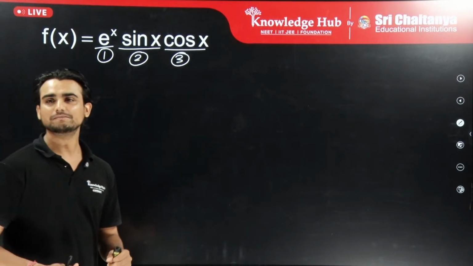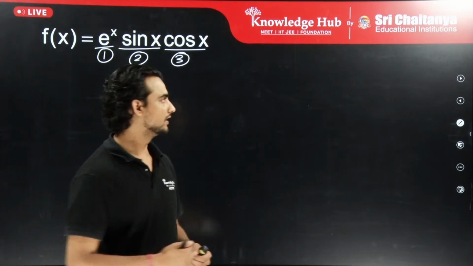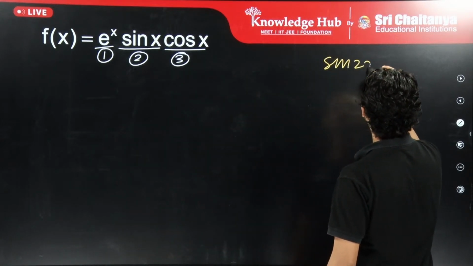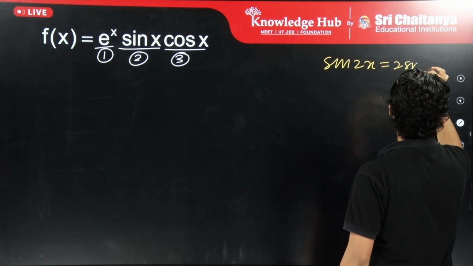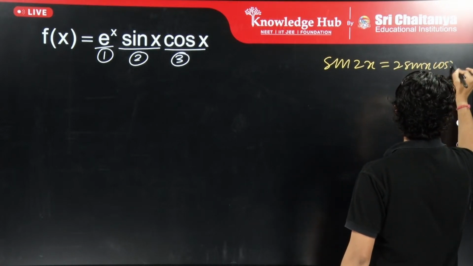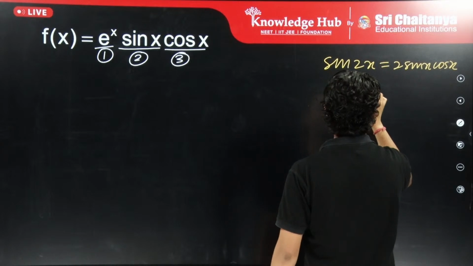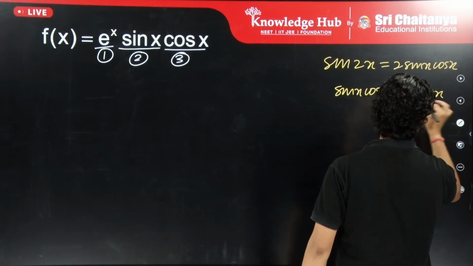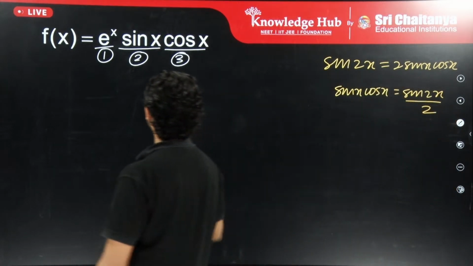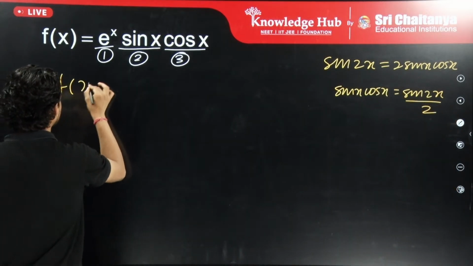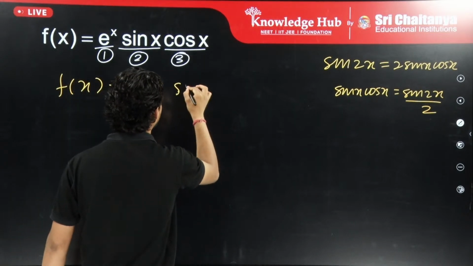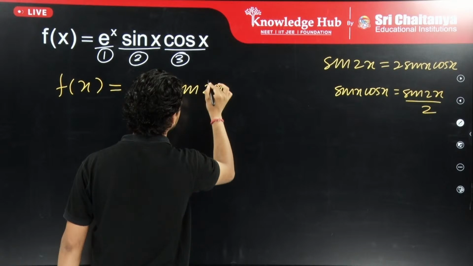We will use some trigonometry knowledge. What is sin 2x? Sin 2x is 2 sin x cos x, right? So I can write sin x cos x as sin 2x by 2. So the function f(x) becomes e raised to x into sin 2x by 2.